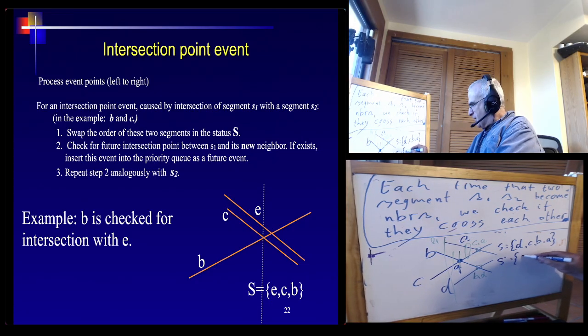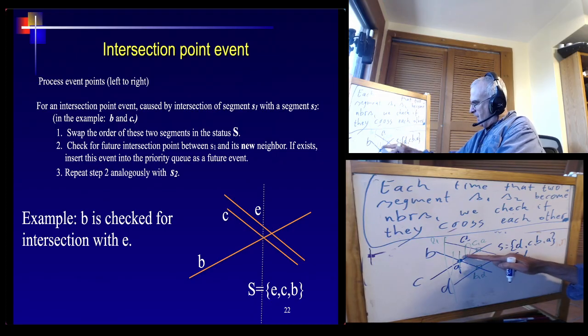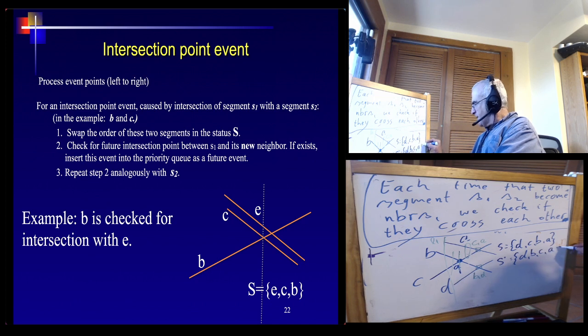D is still the lowermost one, but just above it is B, above it is C, and above it is still A. That is, A and C swap their order.